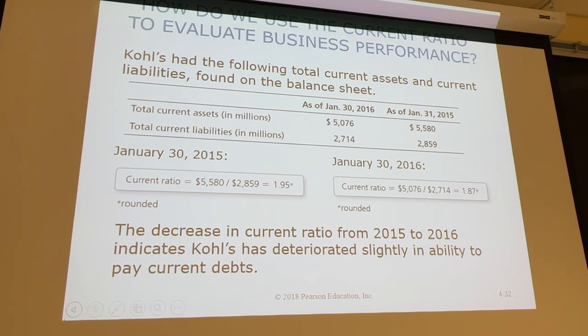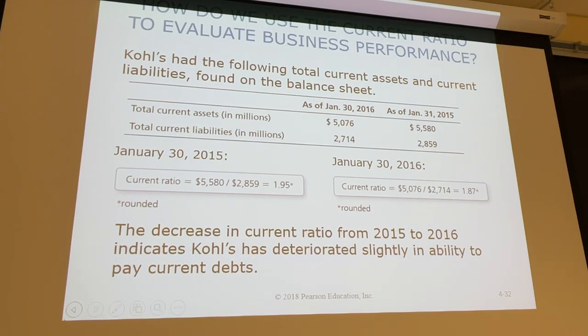And they computed this, in this case for Kohl's, the department store. In the fiscal year ending in 2015, the current ratio was 1.95. In 2016, it was 1.87. You want this ratio to be at least 1, because if it's less than 1, you don't have enough current assets that can be liquidated to pay off the current liabilities as the current liabilities come due.